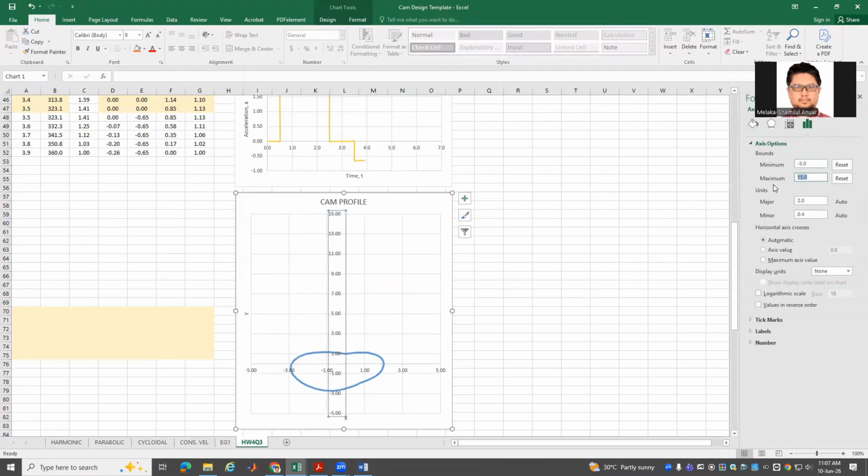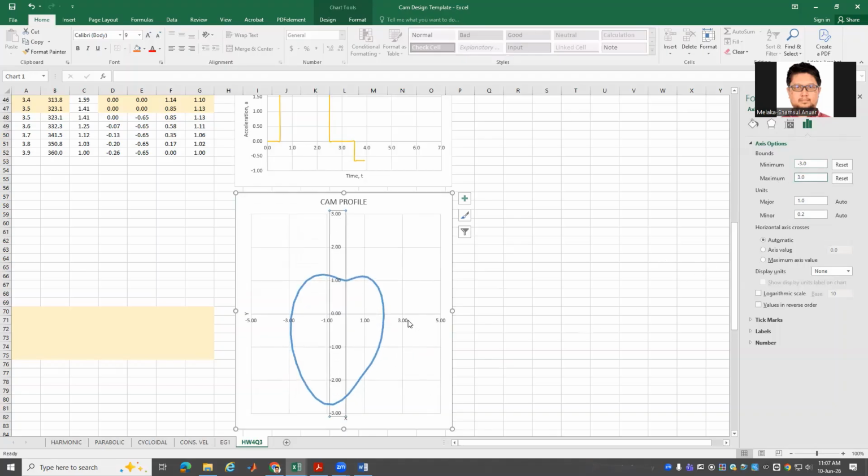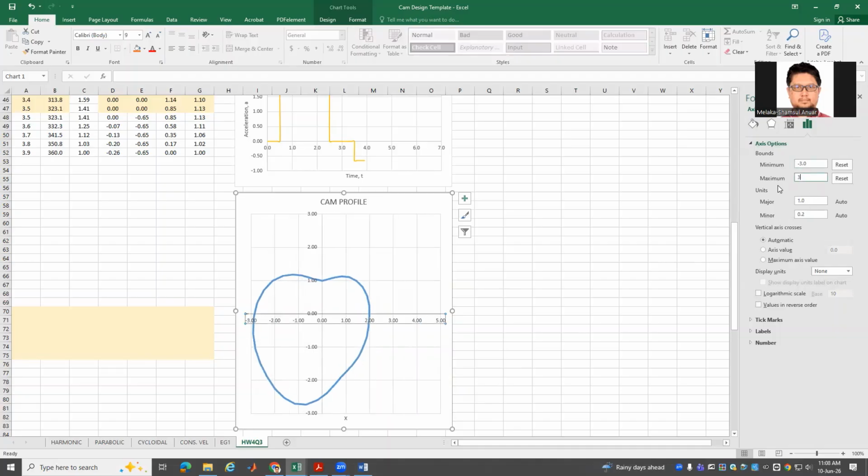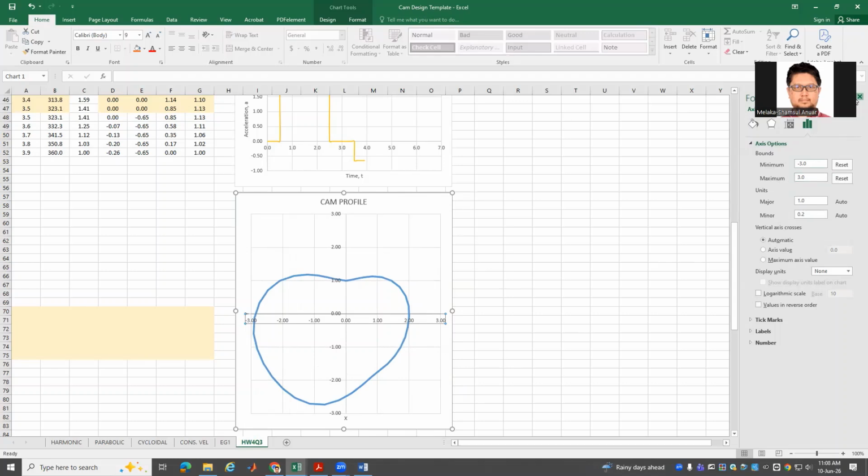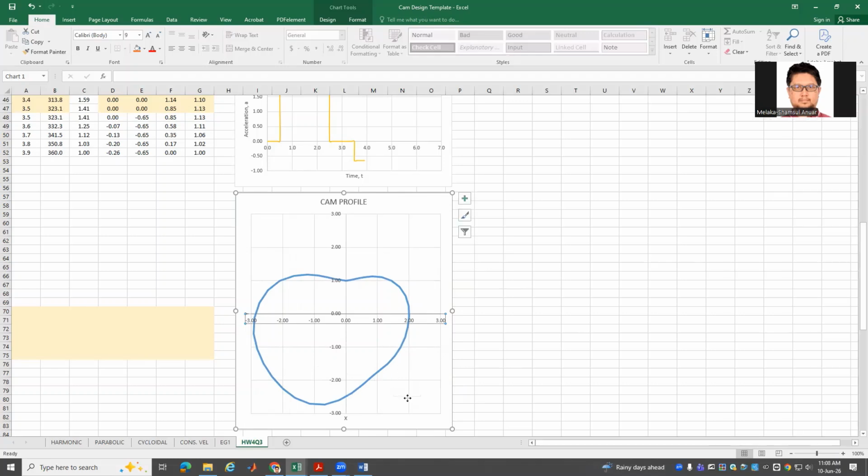So usually you want it to be a square thing, so that everything will be good. So I guess if we use 3 and 3, it will be much better. So it looks distorted, so got to have a square thing. So that's about it.